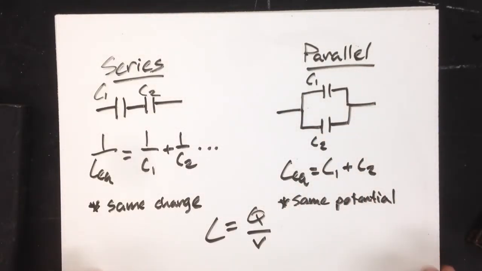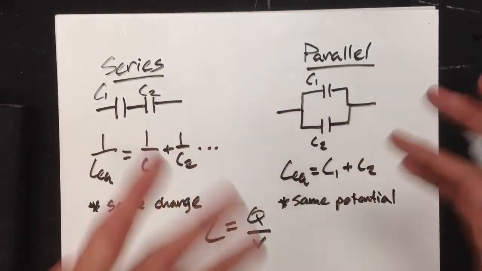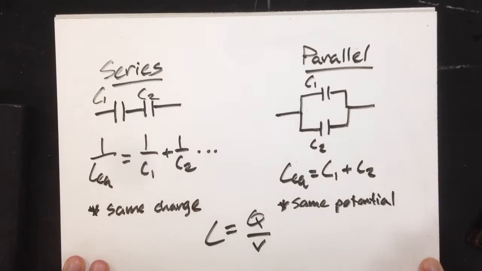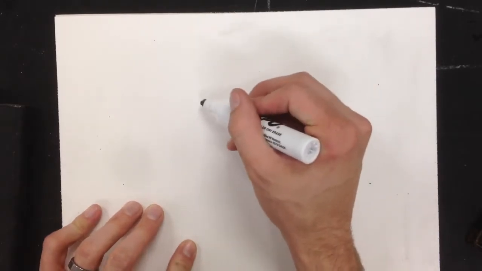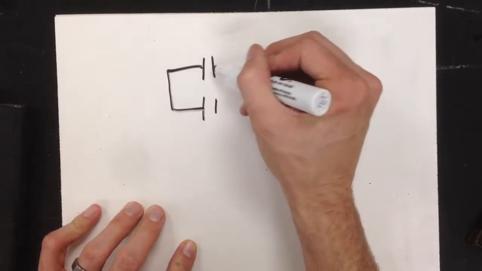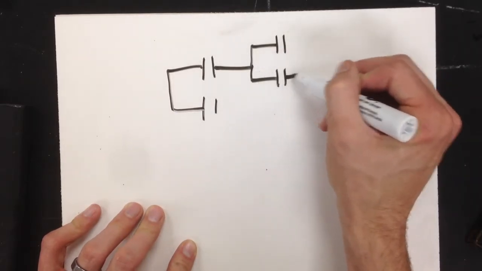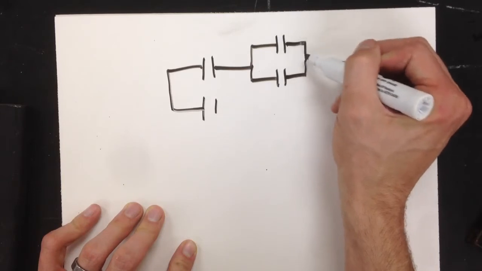And with simple circuits like this, where we either have them in series or in parallel, things are pretty straightforward. But what if I have a circuit that is slightly more complex? Let's say I have a battery linked up to a capacitor, but that capacitor is linked up to two capacitors that are in parallel with each other.